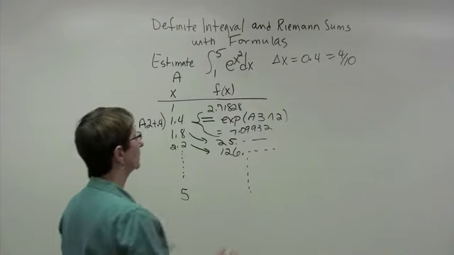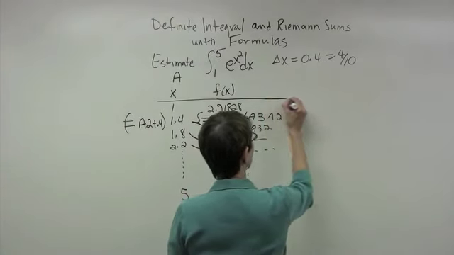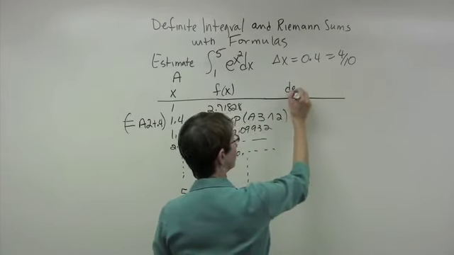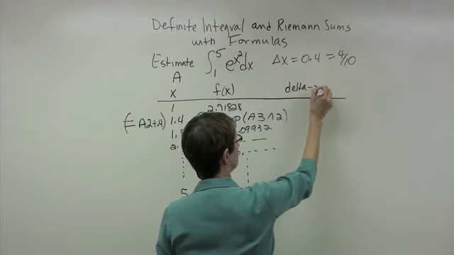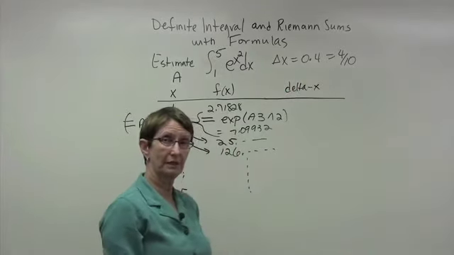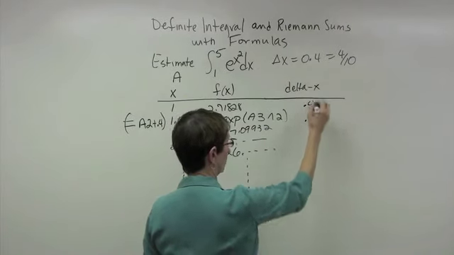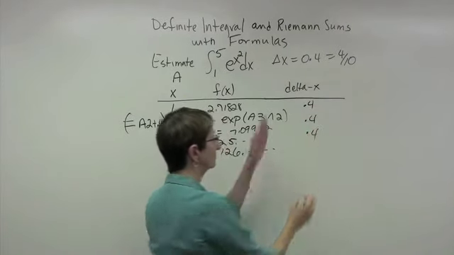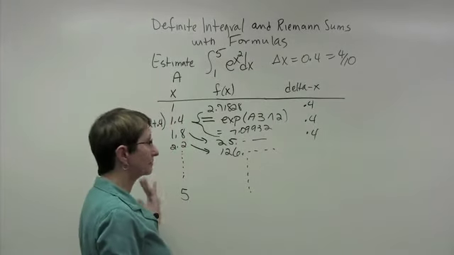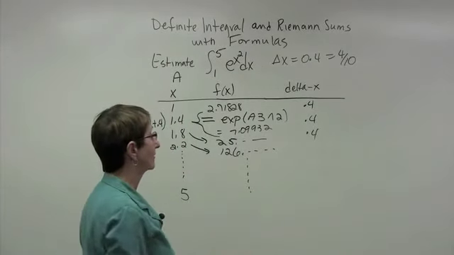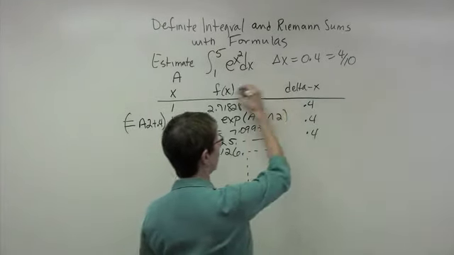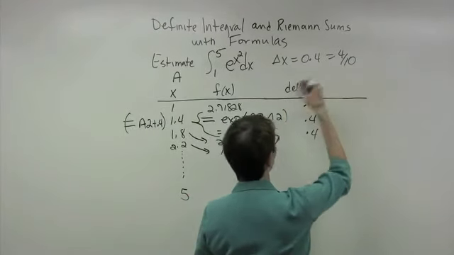But you keep going down until you get to the end, and then there are a couple things you can do next. You can put up a third column and put your delta x in it, which in our case is 4/10. So you could put a 0.4 here, all the way down. And even put another column in after that, that would be the product of your delta x times your f of x.